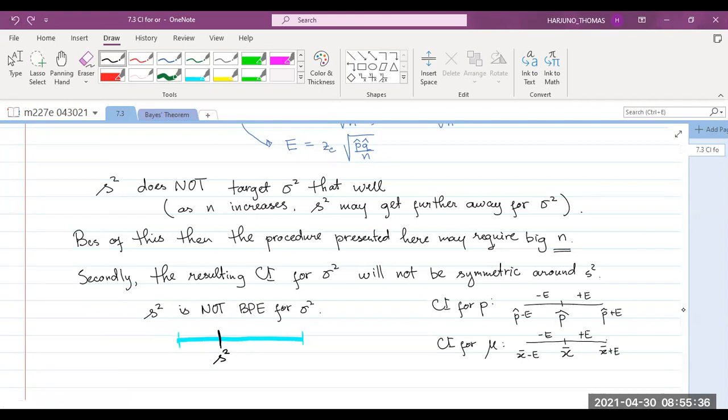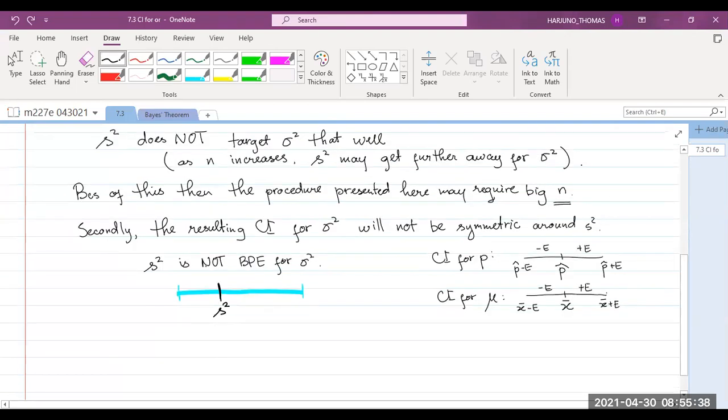The formula later on will be: the upper bound is n-1, the degree of freedom, times sample variance over chi-squared left. The lower bound is the degree of freedom times sample variance over chi-squared right. That will be the formula.